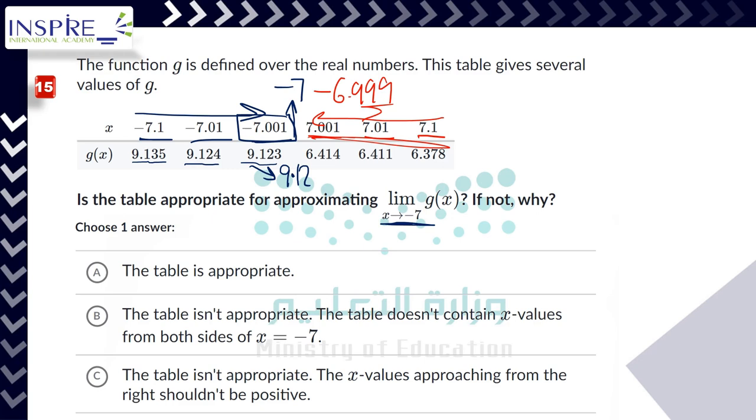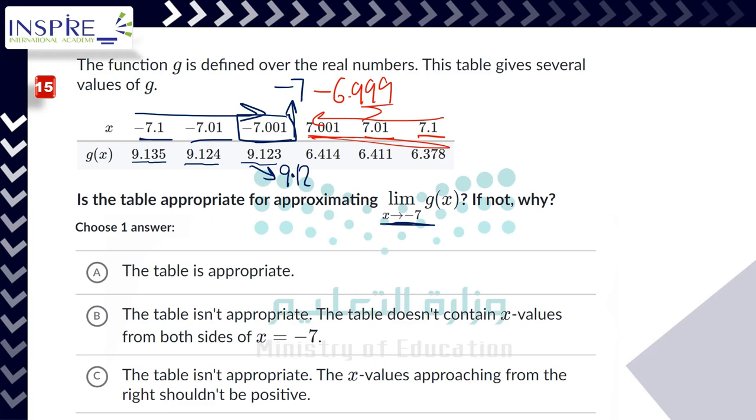Okay, second question. Do you have numbers bigger than -7? We have 7.1. Of course, it's bigger than -7. So about this choice, we do have numbers from both sides. We have numbers bigger than -7 and numbers smaller than -7. So it's not because of this reason.